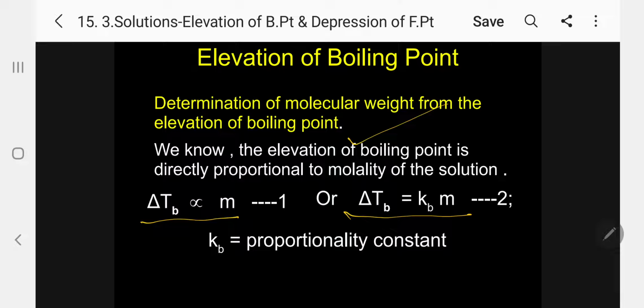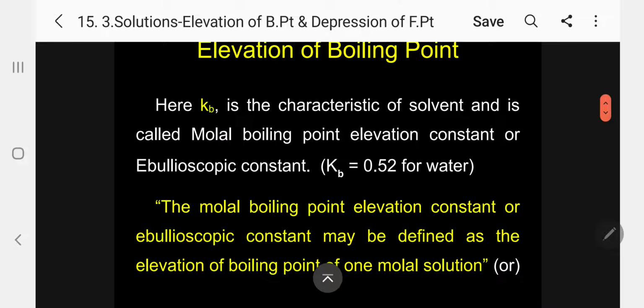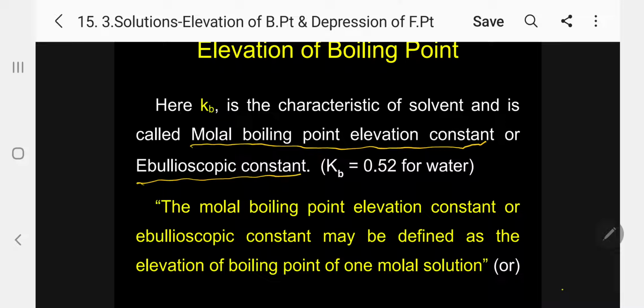What is Kb? A proportionality constant. I am giving a name for this one. Here Kb is the characteristic of any solvent and it is called molar boiling point elevation constant, or ebullioscopy constant.